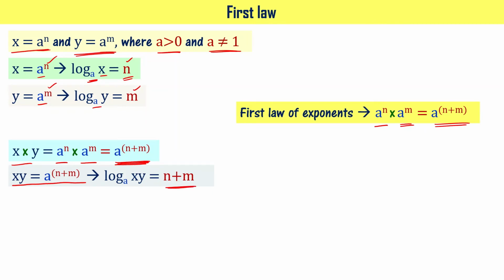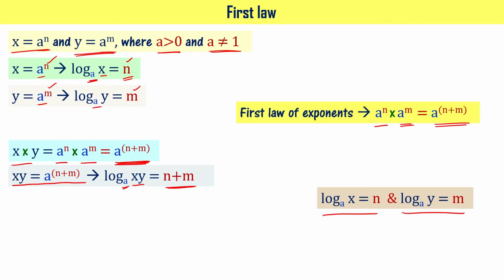But we have already written that n equal to log of x to the base a and m equal to log of y to the base a, right? So I can replace the RHS of this equation with logarithm forms, right? Log of x to the base a plus log of y to the base a. That is equal to log of xy to the base a.